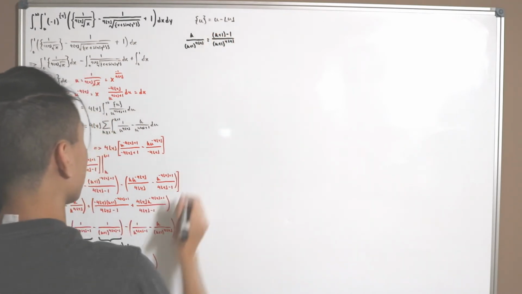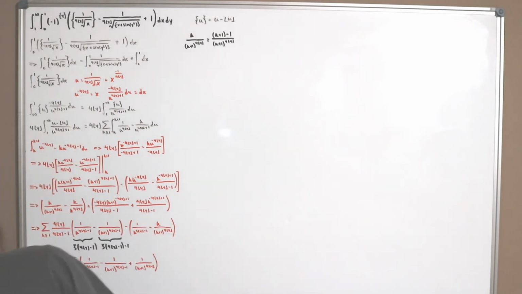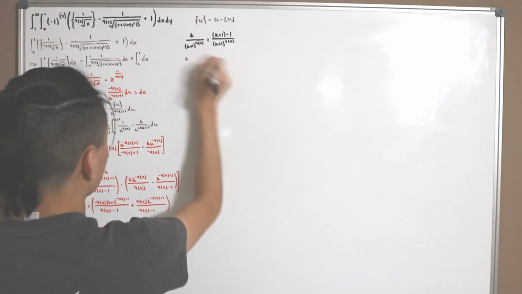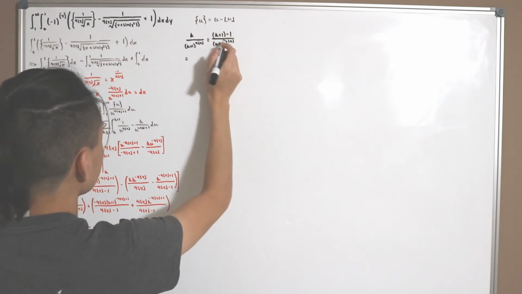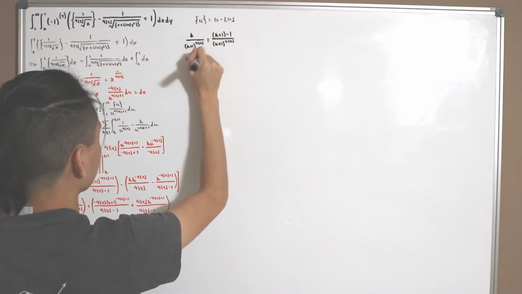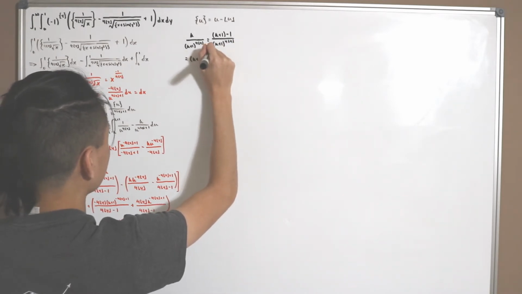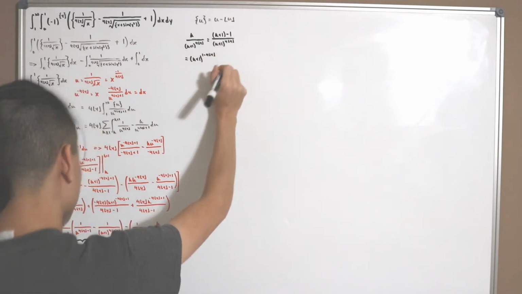And the way I group this is that they share the same base. Therefore I can rewrite this as k plus 1 to the power 1 minus 4 floor y.